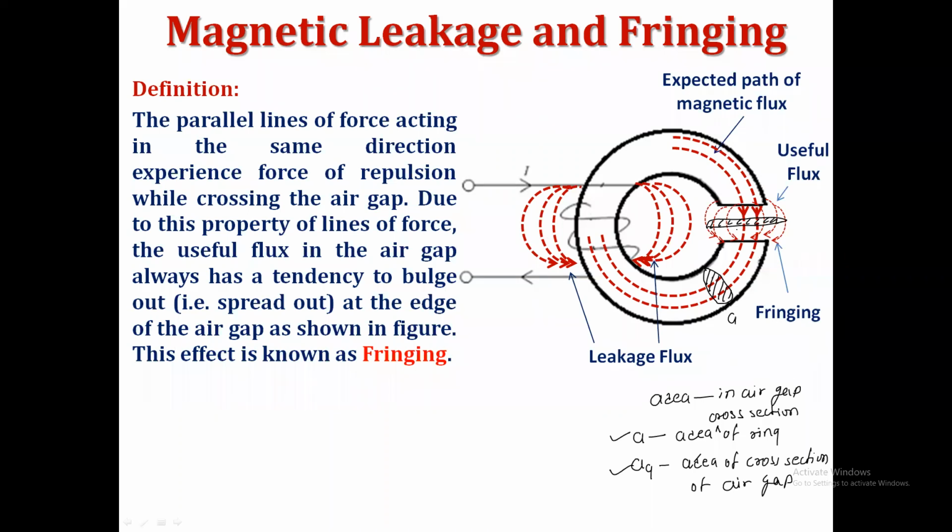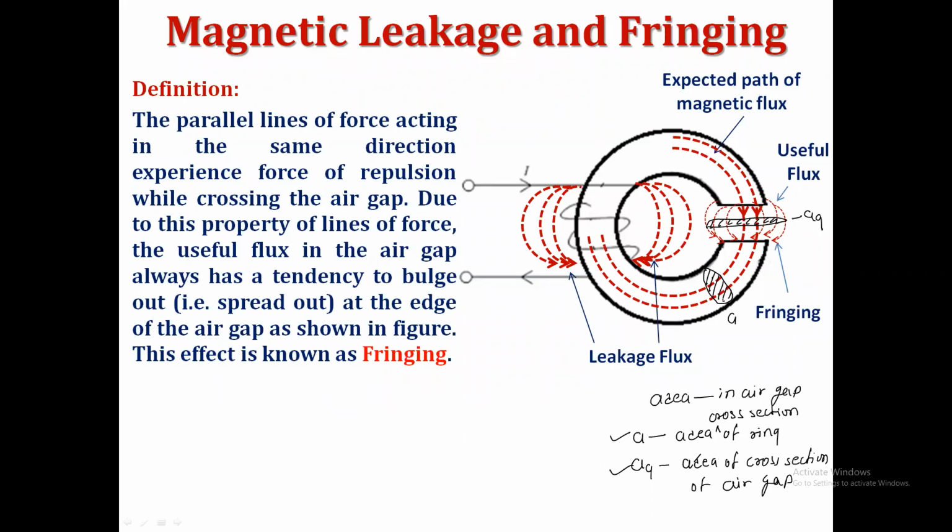But at the edge of the air gap, the magnetic lines of force try to bulge out. So if I consider the area of cross section within which the magnetic lines of force in the air gap will be passing, definitely this is the area of cross section of the air gap. My question is, which one is greater? The air gap area will be greater.